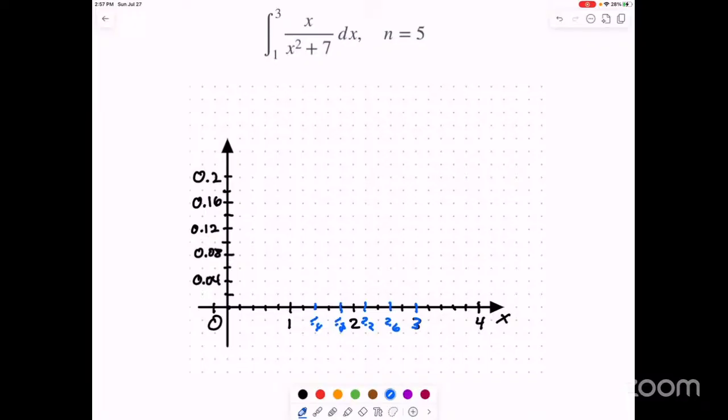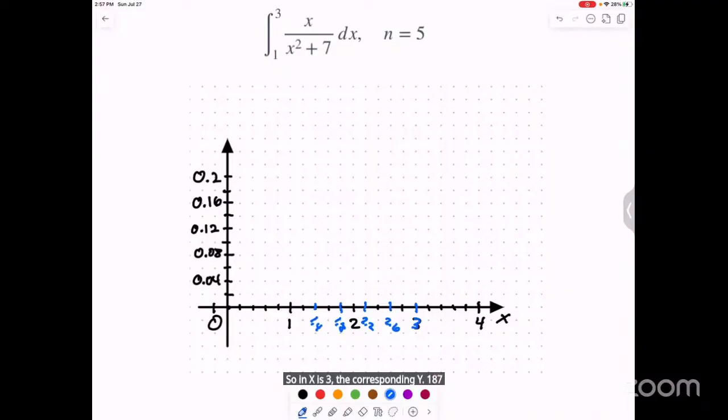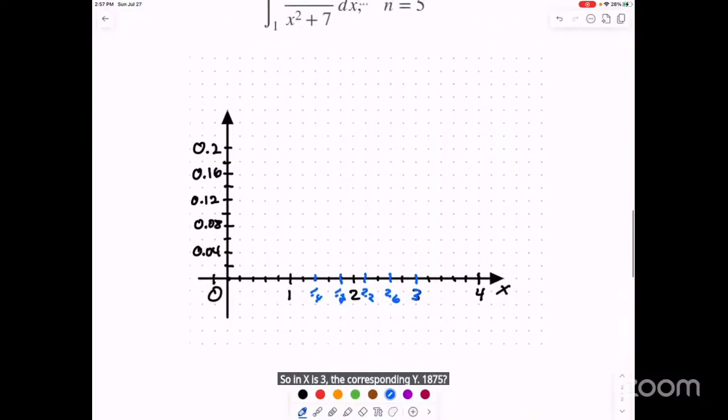So when x is 3, the corresponding y is 0.1875. So 0.2, halfway is 0.18, so almost 0.19, so about there. And we're going to label it, that's the ordered pair 3, 0.1875. That's the corresponding y. We're going to use that in just a moment.